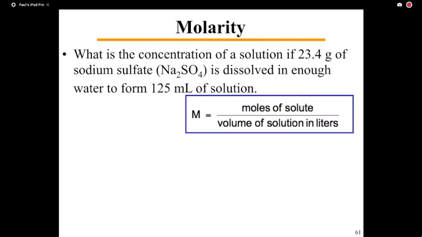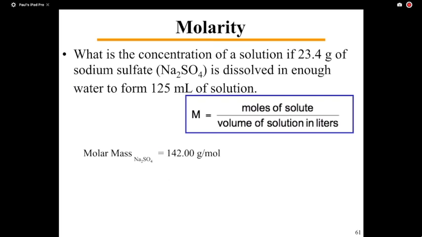So, simple calculations for molarity. It can be as simple as this. You have 23.4 grams of sodium sulfate dissolved in enough water to form 125 milliliters of solution. And to do anything, all we're going to do is conversions. Now, we're going to set this up. Molarity has an amount on top and a volume on bottom.